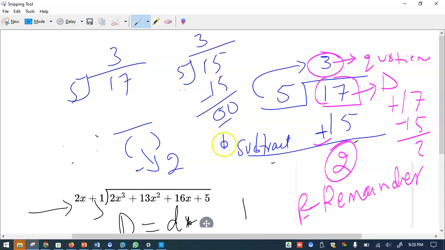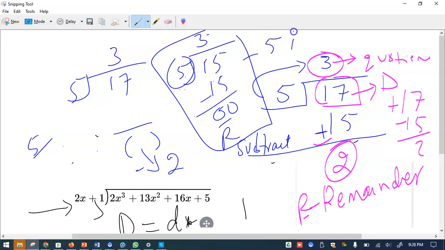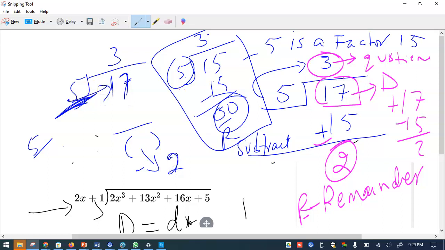The moment you get remainder 0, 5 is a factor of 15, because when you divide, you get 0. Here, when you divide 17 by 5, you get 2, so 5 is not a factor. The same idea is used in polynomial division.